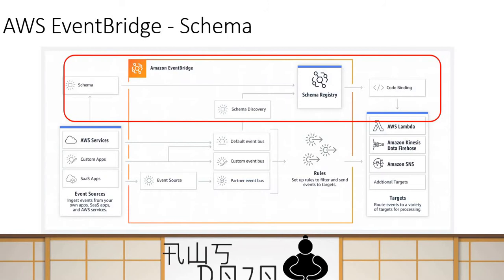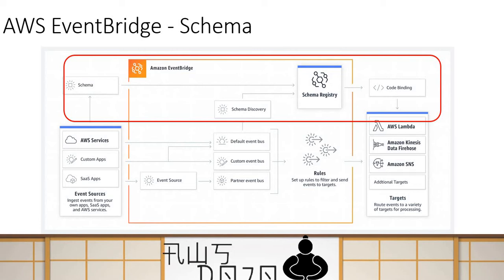Moving on, today we are going to focus on schema. When you are trying to publish your messages to EventBridge, to be very honest, your source can publish any message. It can really send any message to the event bus.